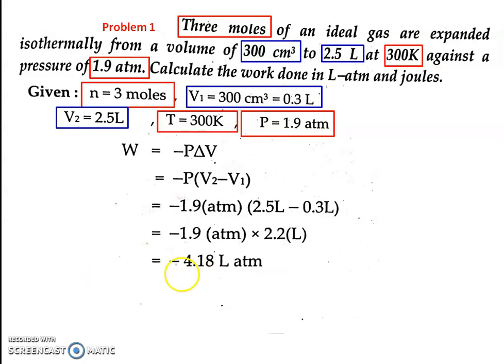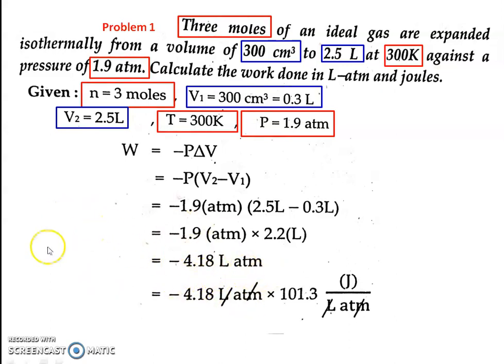But 1 liter atmosphere is equal to 101.3 joules, and therefore in order to convert liter atmosphere into joules, we just multiply by 101.3. So this is equal to minus 4.18 into 101.3, and this will be in joules. So don't forget this: 1 liter atmosphere is equal to 101.3 joules.